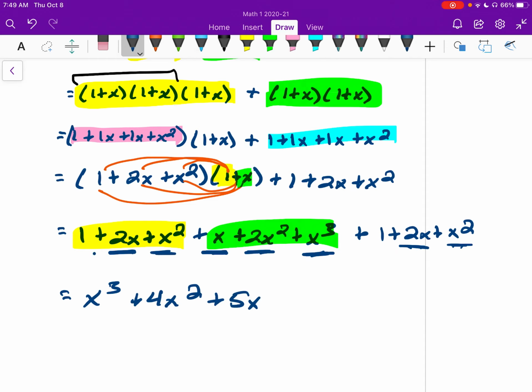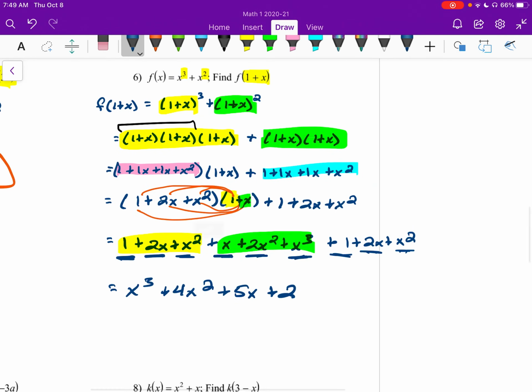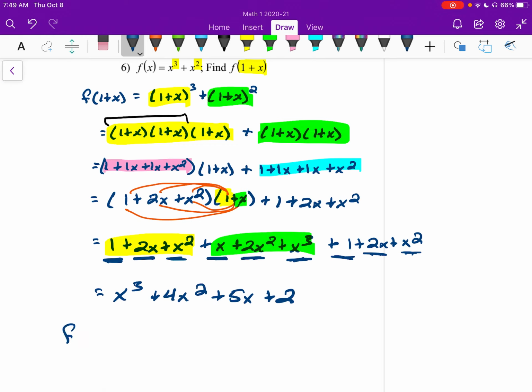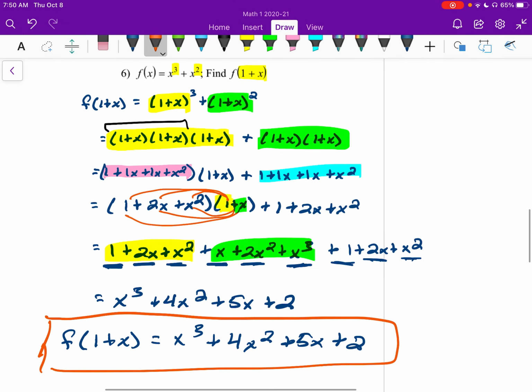And then for my constants, I have a 1 and a 1, so plus 2. That was kind of a long problem, and I'm going to write my answer as f of 1 plus x equals x cubed plus 4x squared plus 5x plus 2. There we are. That will probably be the longest type of homework problem that you have.